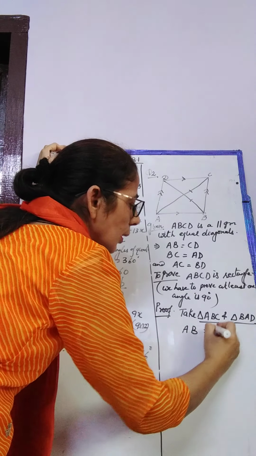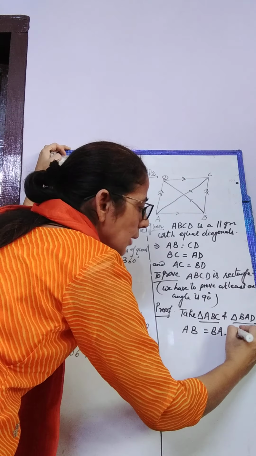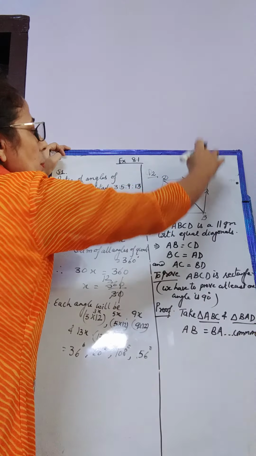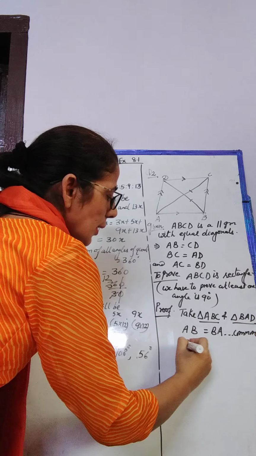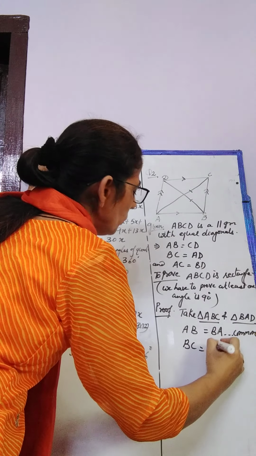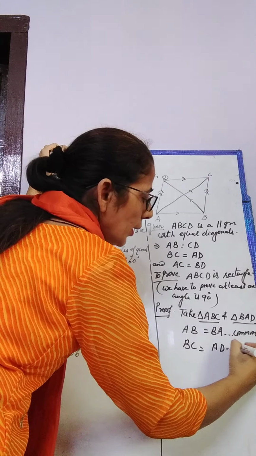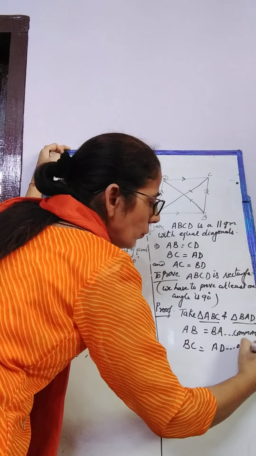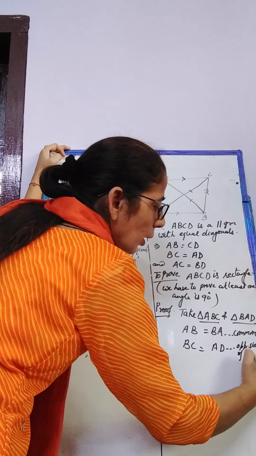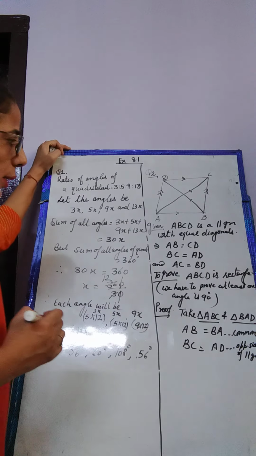AB is equal to BA. Now in triangle ABC side BC, and in BAD side AD, are equal by opposite sides of a parallelogram.